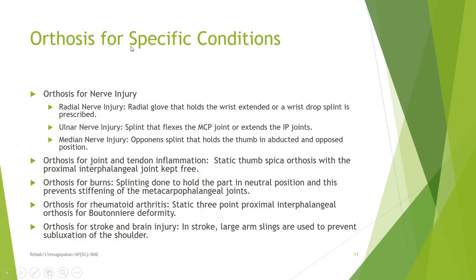Shoulder subluxation is a very commonly occurring problem on the side that has suffered stroke, right? That is caused because of spasticity and weakening of your rotator cuff, right? So there are orthoses that support prevention of subluxation of the shoulder and maintain proper anatomical position, right? So this is the classification of orthoses. In the next video we shall discuss calipers.